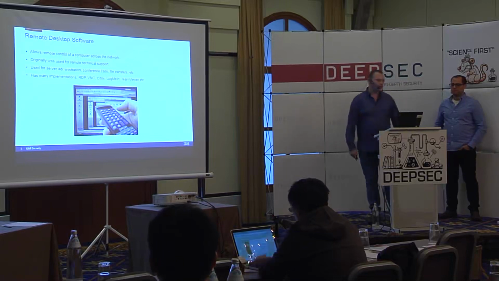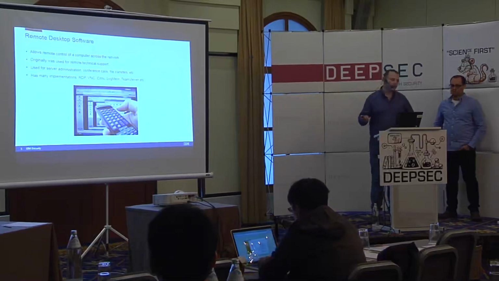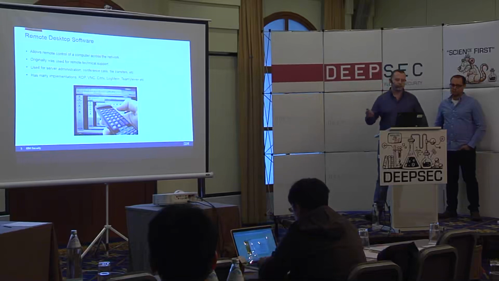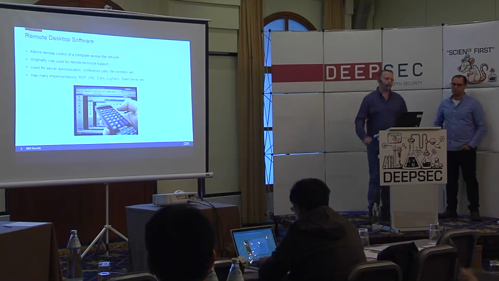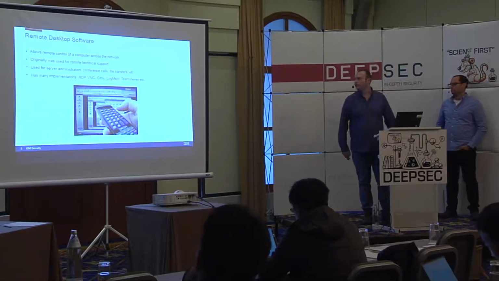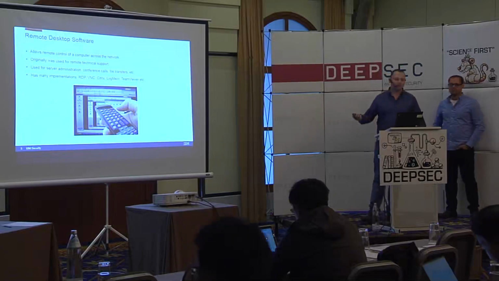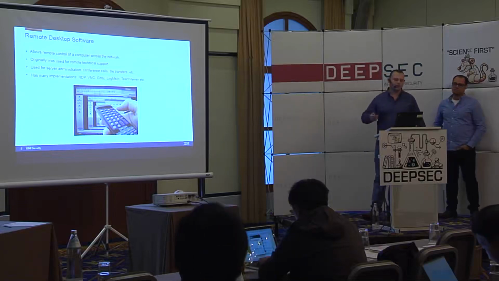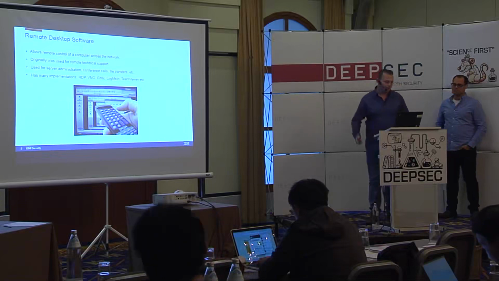Nowadays it's used mainly for maintenance of servers, administration, conference calls between companies, file transfers, and so on. There are many implementations for it. There is the Microsoft RDP. There are many flavors of VNC, Citrix, LogMeIn, TeamViewer, and many more.